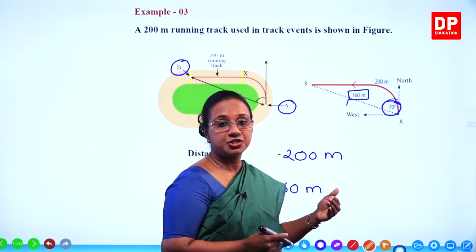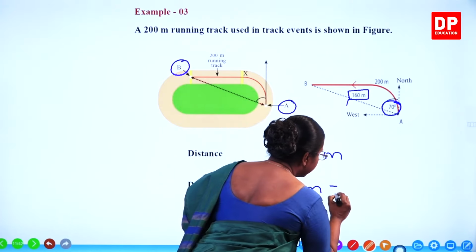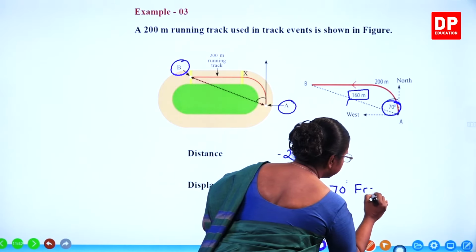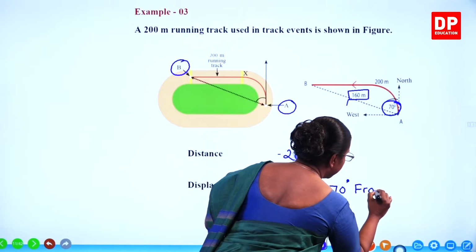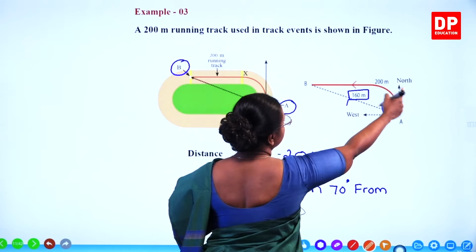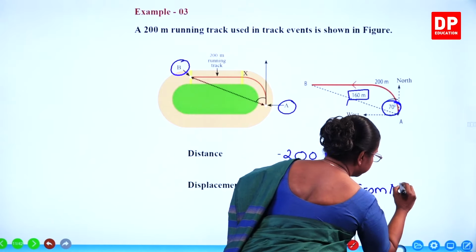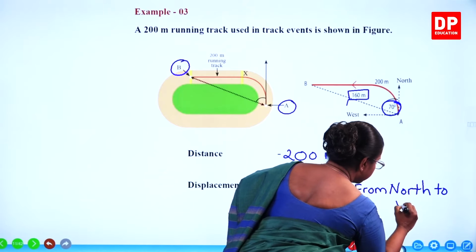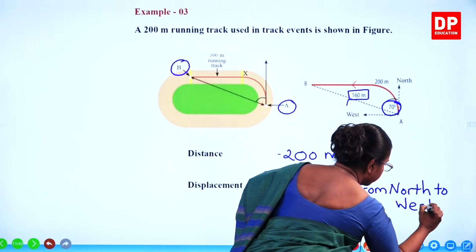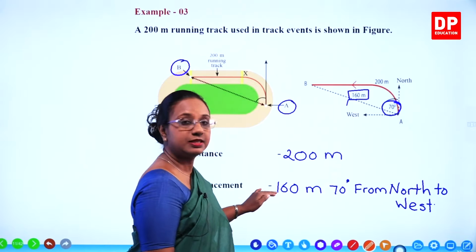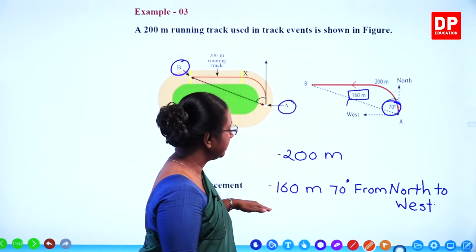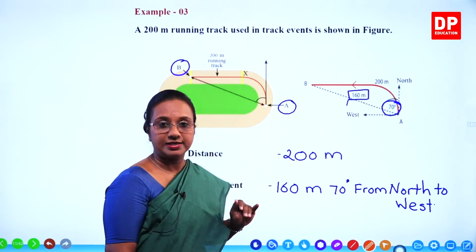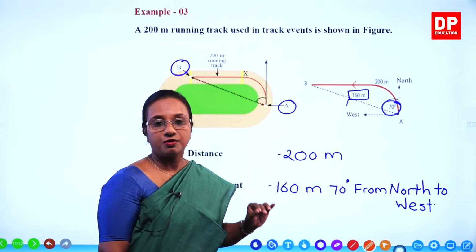So for the direction, we will say 70 degrees from north to west. So it is the displacement 160 meters, 70 degrees from north to west. That is the displacement of the person.